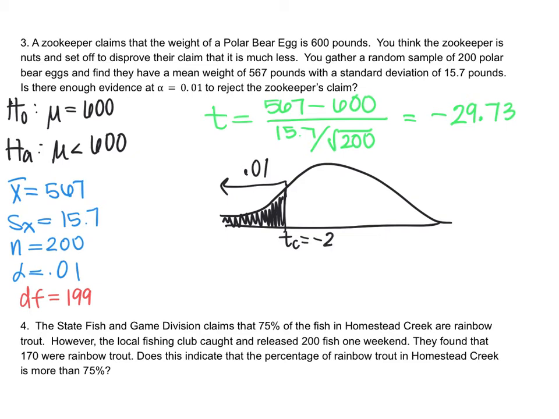We have negative 2.364. And obviously negative 29.73 is less than that, which means we are going to reject our null hypothesis, which means there is evidence to show that the average weight of polar bear eggs is less than 600 pounds, assuming that polar bears did lay eggs, which they don't.